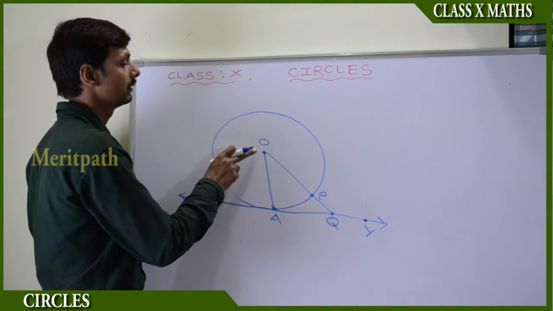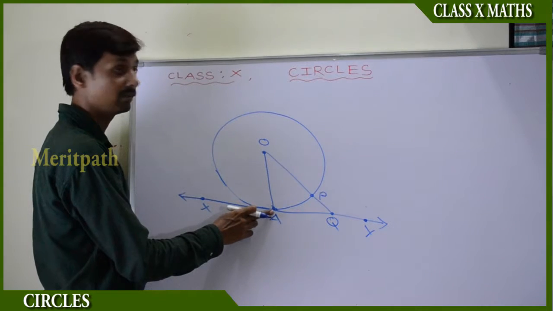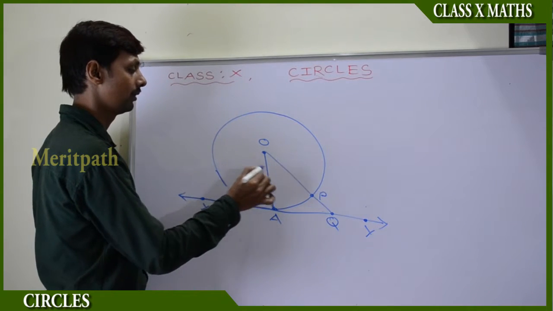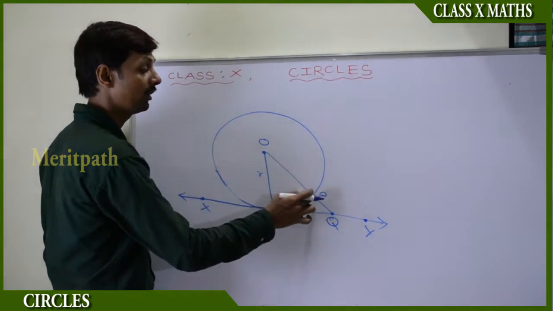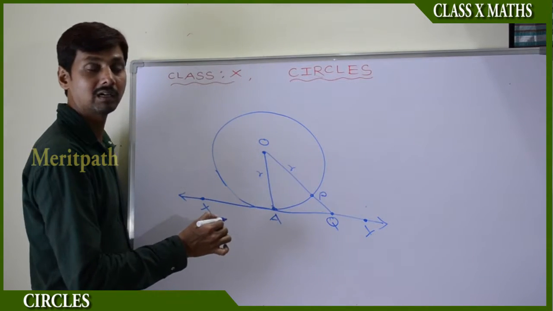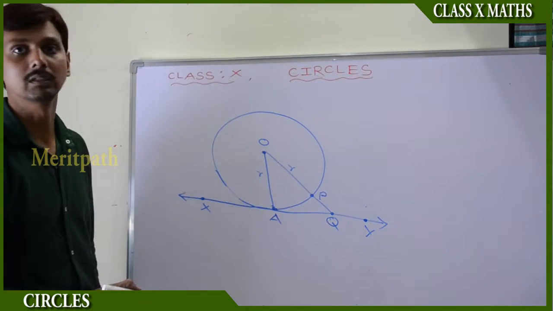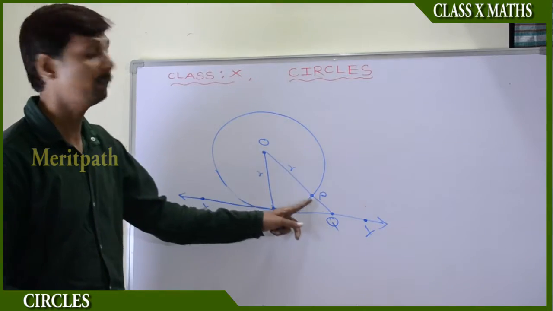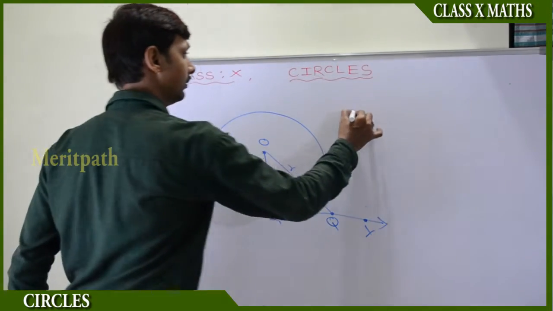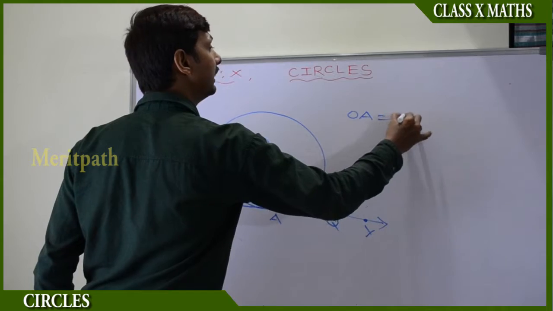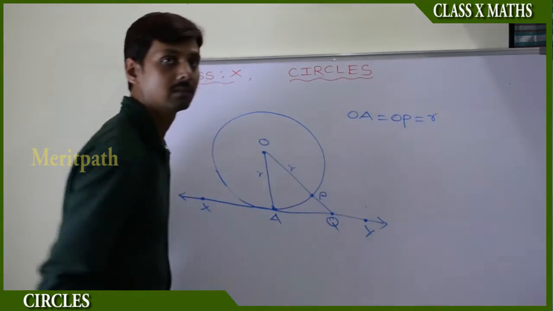The reason is that the center to any point of the circle is a radius. The radii of the circle are equal. So OA is equal to OP, that is the radius.